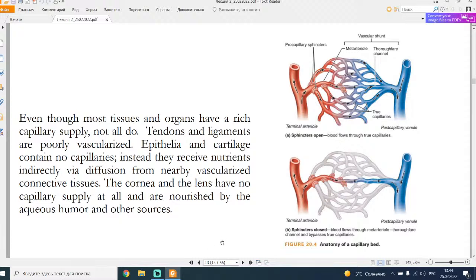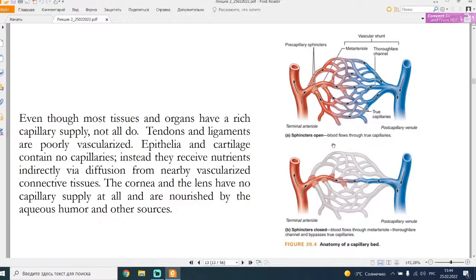Instead, they receive nutrients indirectly via diffusion from nearby vascularized connective tissue. The cornea and the lens have no capillary supply at all and are nourished by other sources.